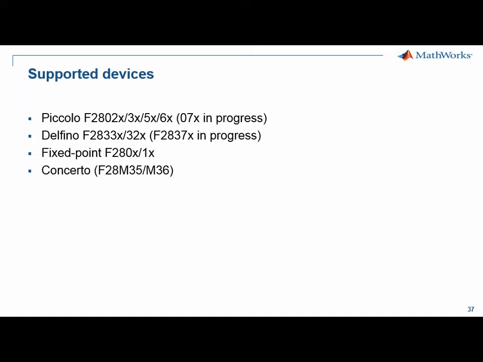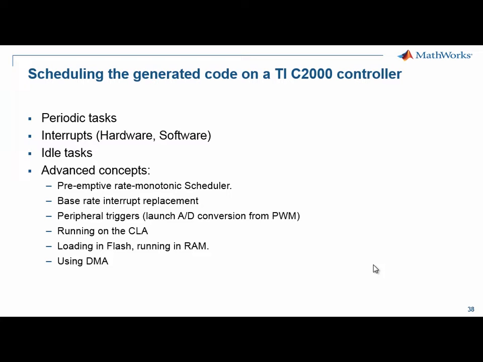So our support includes a scheduler, like Tom said, and that offers you the opportunity to schedule periodic tasks, and we do that using the CPU timer 0 provided by the C28X. You have the ability to schedule interrupts, trigger them from peripherals, and react on them. You can also decide to trigger an interrupt via software.